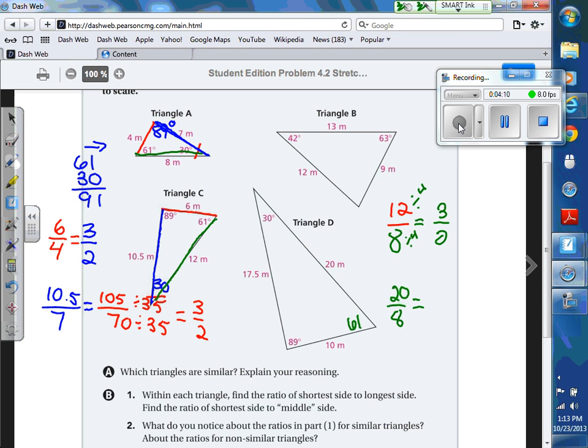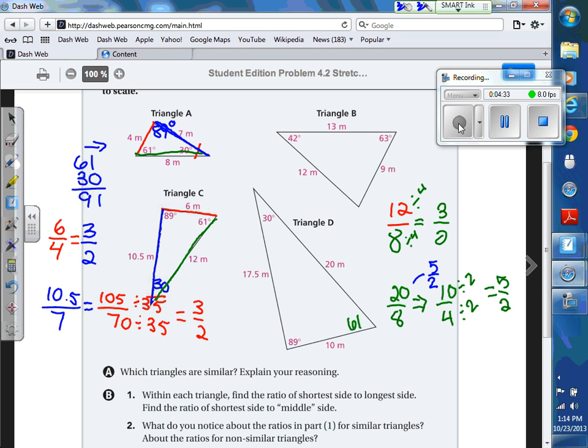Well, let's take the small side. Is that the same as 10 to 4? Yes, because these are divisible by 2, right? So that would be 5 to 2, right? And 20 over 8 is divisible by 4, so that's 5 to 2, right?